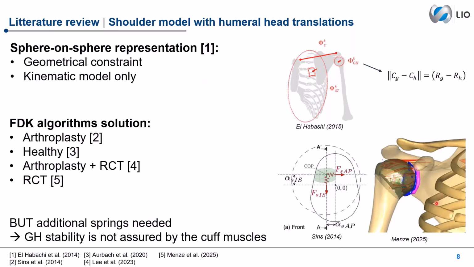The kinematic is really close to physiological kinematic with humeral head translation, but all the effort to center the humeral head is made by the springs, not by the cuff muscles. So it's good for the kinematic, but not so good for the physiological activation.